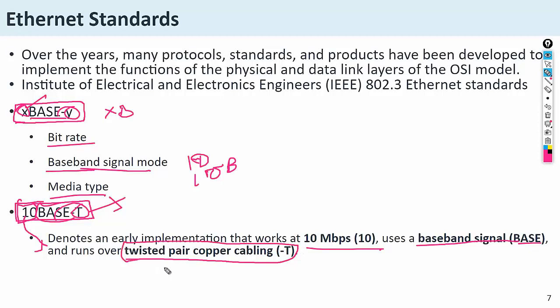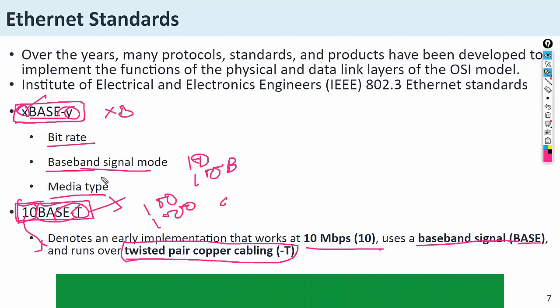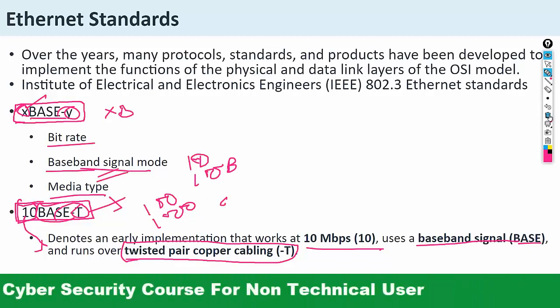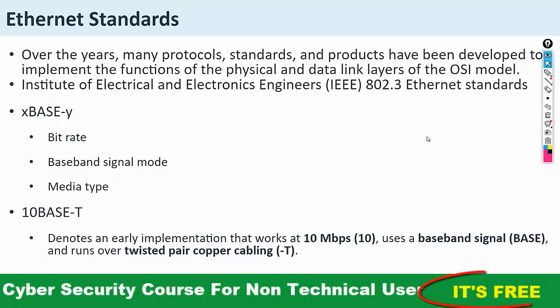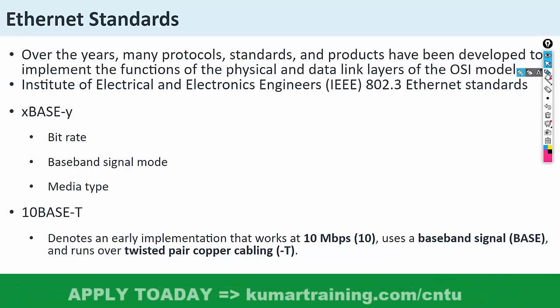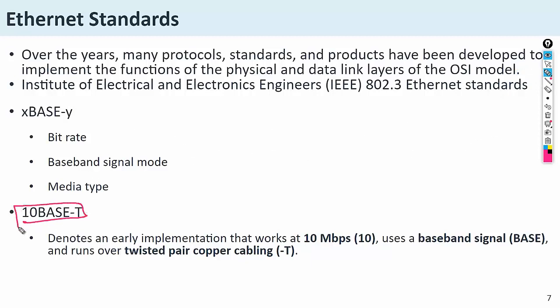Similarly, there is 100BASE, there is 1000BASE, and there is a media type CR, and much more. I hope you understand how the standard has been defined, and whenever you find any type of notation like this, you will easily identify the standard of that particular Ethernet.